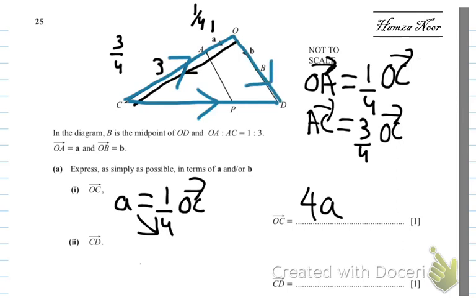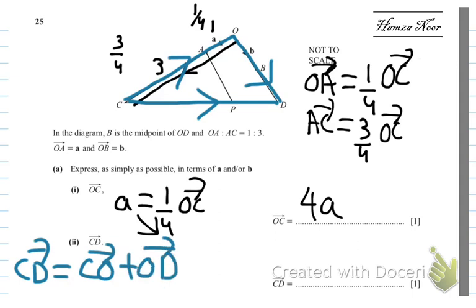So you can break this vector CD into two components, that is CD is equal to CO plus OD. From part 1 you know that vector OC is 4A, so this means that vector CO will be minus 4A. The direction of the vector has changed.